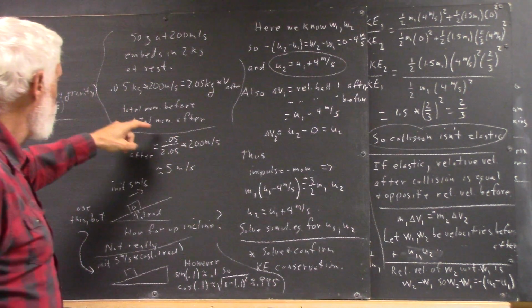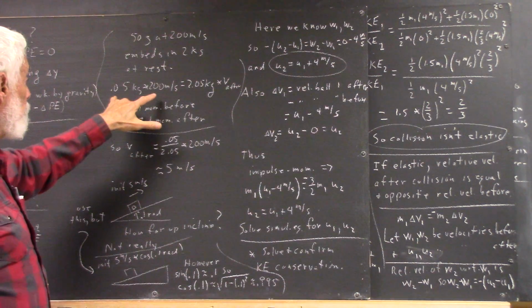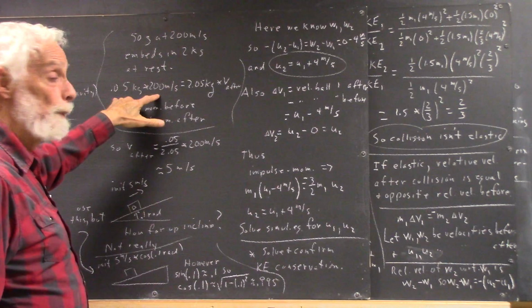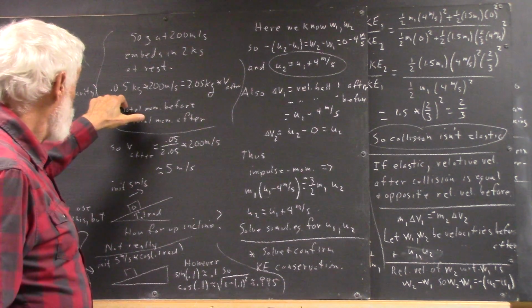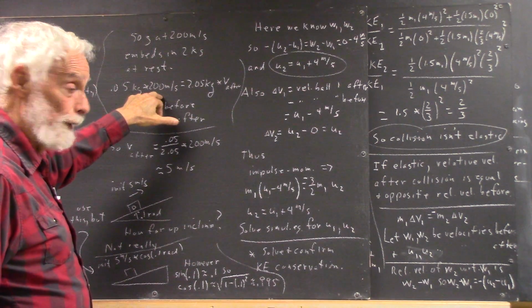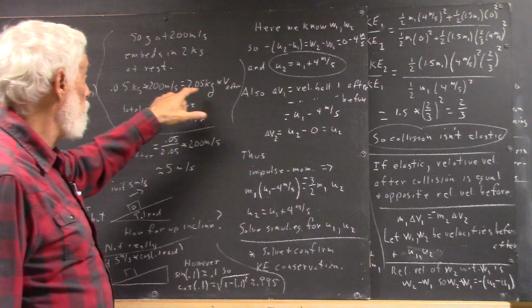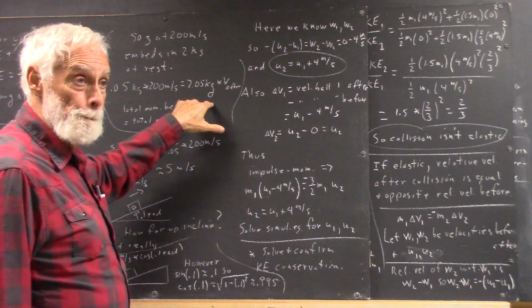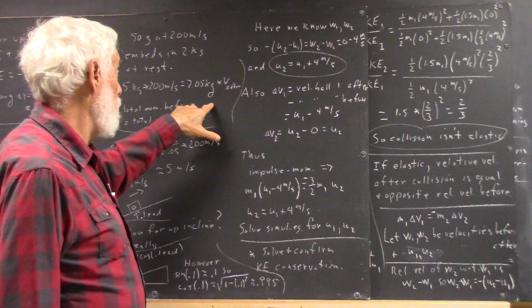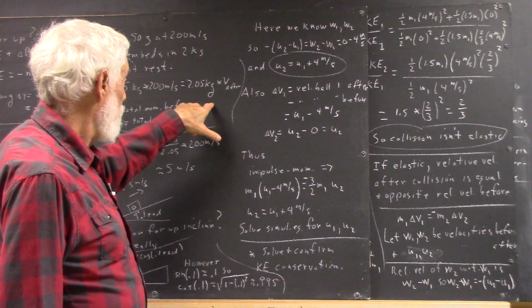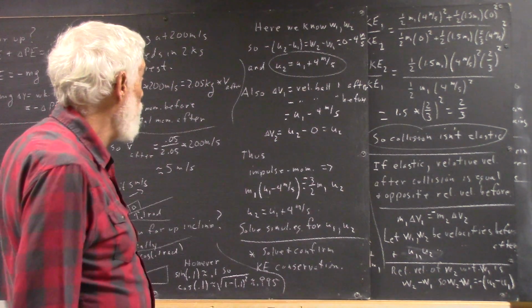In the total momentum before, the 2-kilogram block is at rest, so it's just the momentum mv, 0.05 kilograms times 200 meters per second of the bullet. Afterwards, you've got just one thing moving, which is a 2.05 kilogram system consisting of a block with the bullet embedded, times your velocity after.